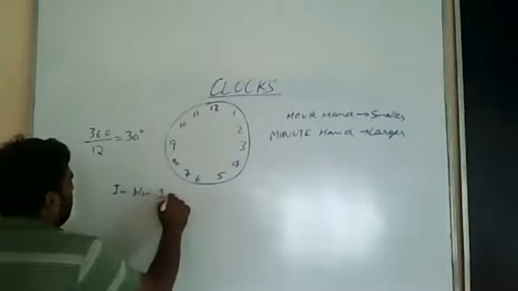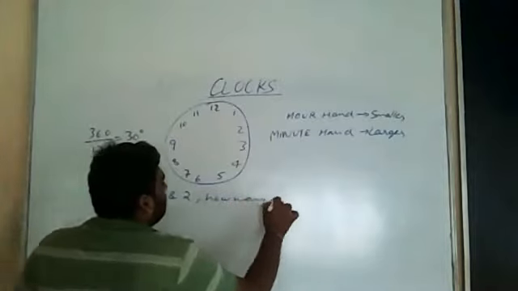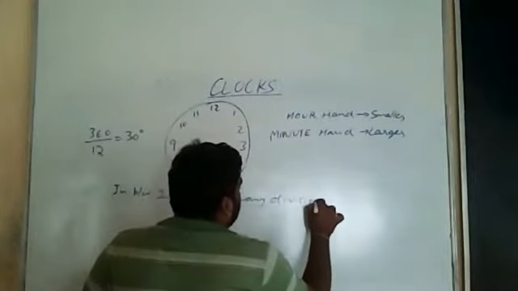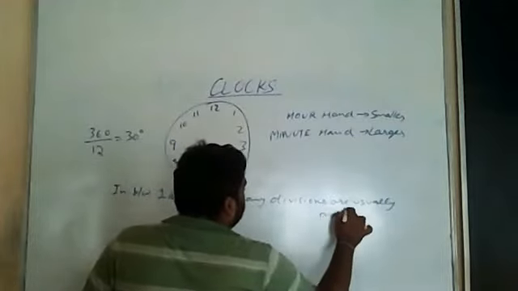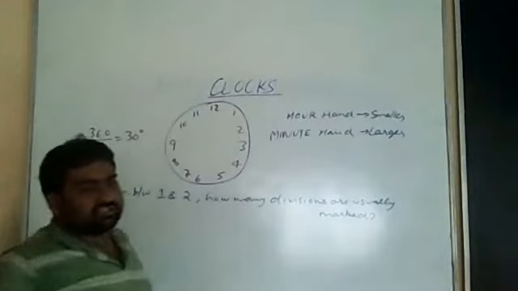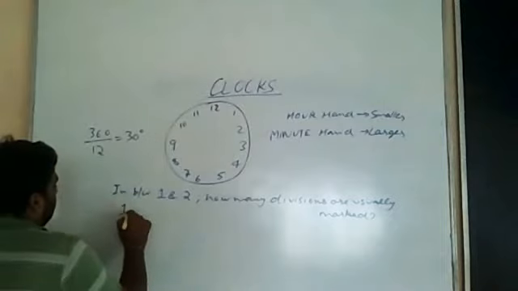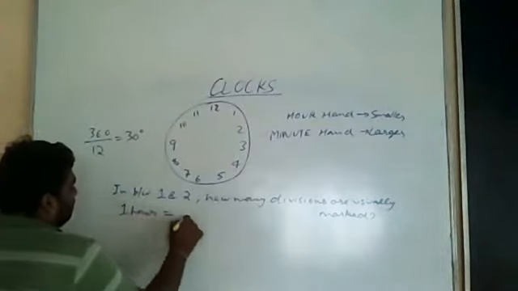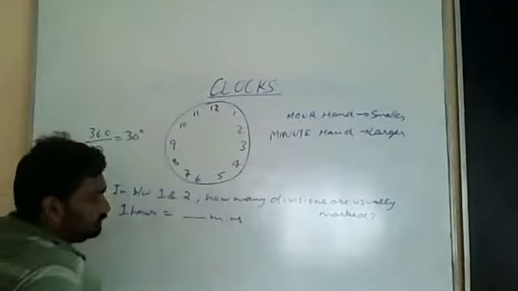Now, in between 1 and 2, how many divisions are usually marked? Or if I ask you, 1 hour is equal to how many minutes? 60.